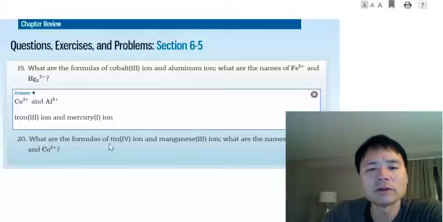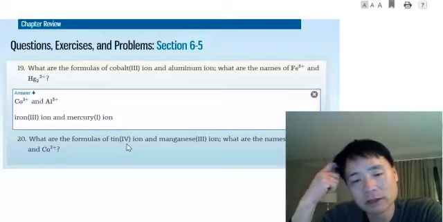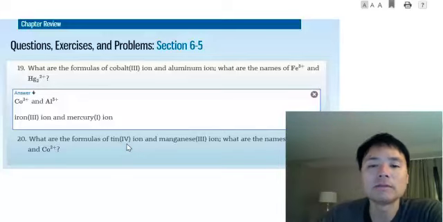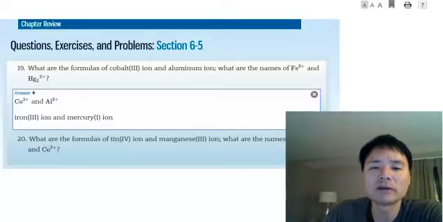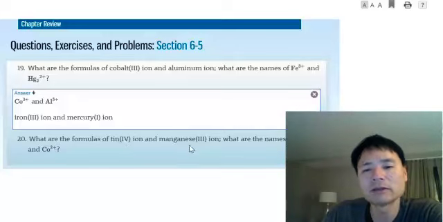What are the formulas of tin-4? Well, tin is Sn, and the charge is 4, so we do Sn4+. And then manganese 3, manganese is variable charge as well. This would be Mn, the symbol, with a 3+ charge. What are the names of Pb2+?